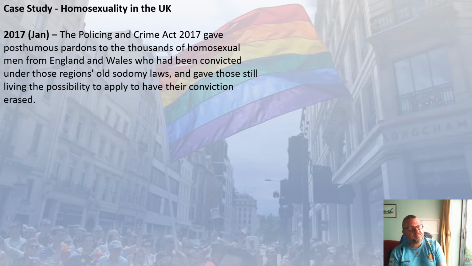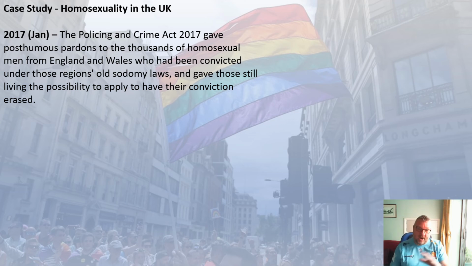So we then move to 2017, and the Policing and Crime Act of 2017 actually gave posthumous pardons to thousands of homosexual men from England and Wales who were convicted under the region's old sodomy laws, and gave those still living the possibility to have their conviction erased.